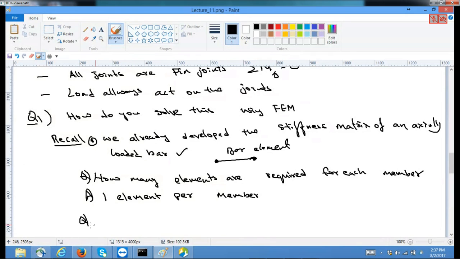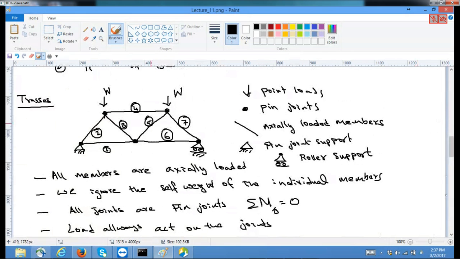Because in a truss we have inclined members. Let us see which are the inclined members. If you look at it, 2, 3, 5 and 7 are inclined, whereas 1, 6, 4 are horizontal, and we already have the stiffness matrix for that.